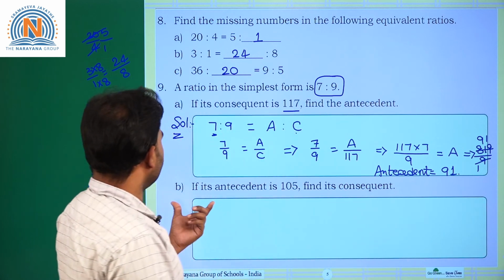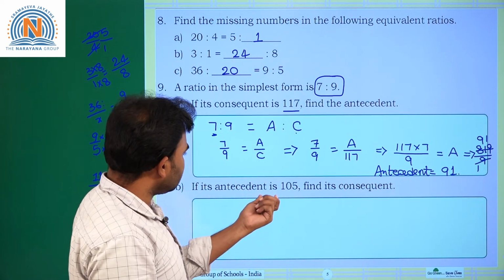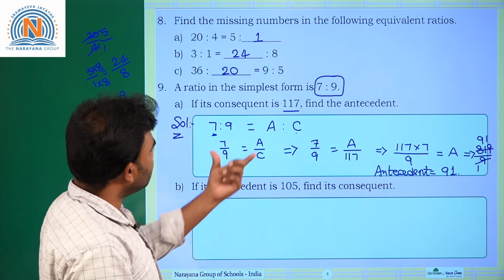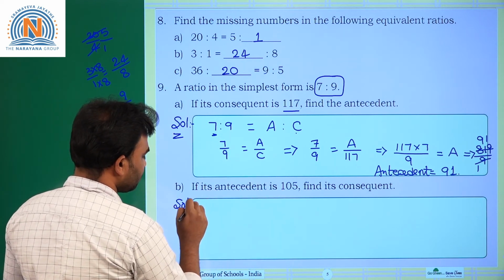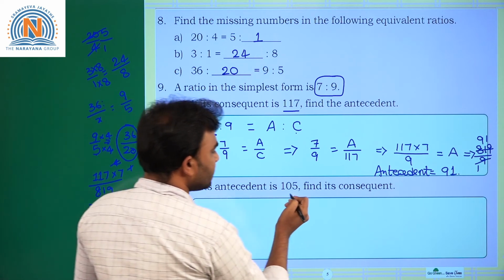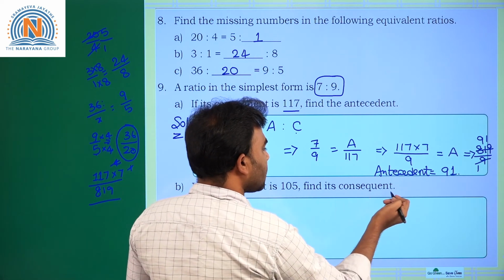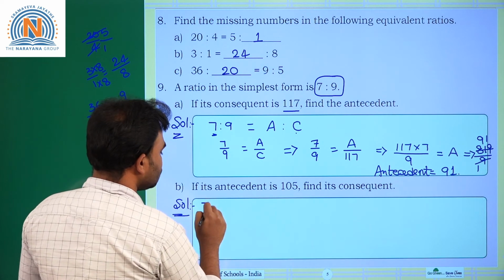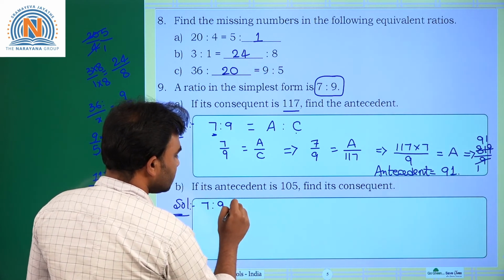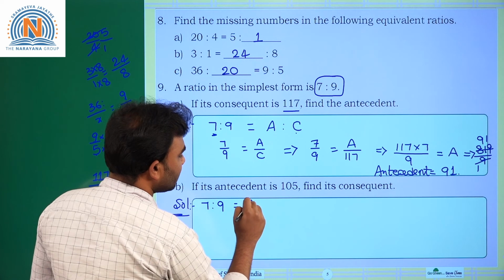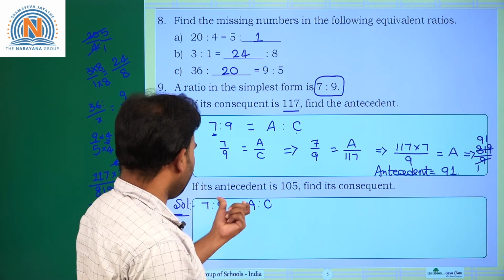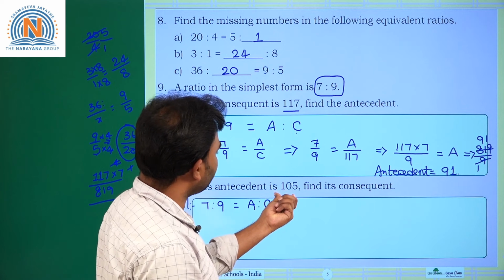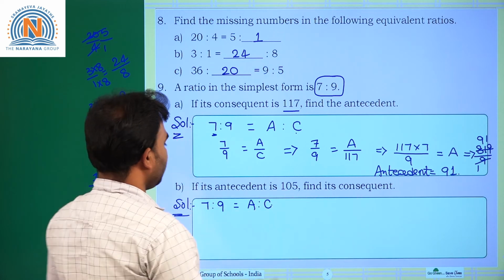If its antecedent is 105, in this same ratio, antecedent is 105, find its consequent. Now 7:9 is equal to antecedent is to consequent. If its antecedent is 105, find its consequent.